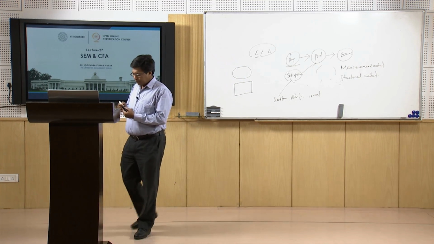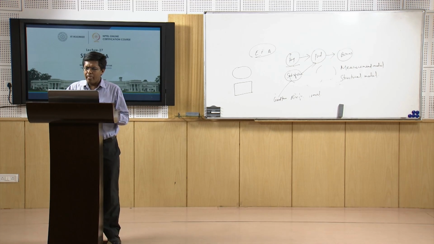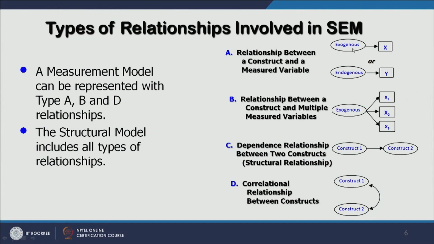When I am saying that a construct is affecting the variable, a relationship between a construct and a measured variable, this is the case of an exogenous or independent construct, or a dependent one. Another case is a relationship between a construct and multiple measured variables.